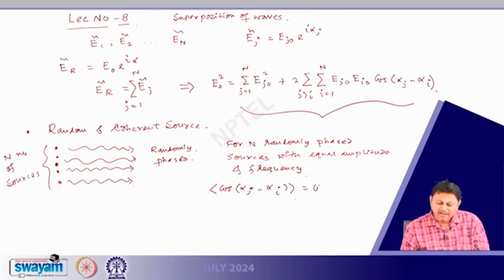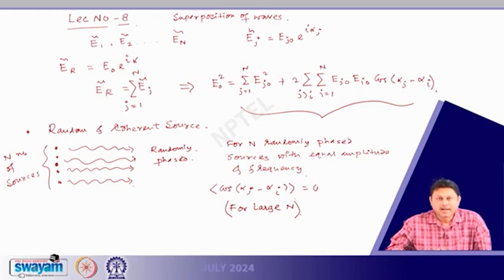This holds for large n, not for a small number like 1, 2, 3 or 5, but say thousands. If I average that quantity, essentially we get 0.